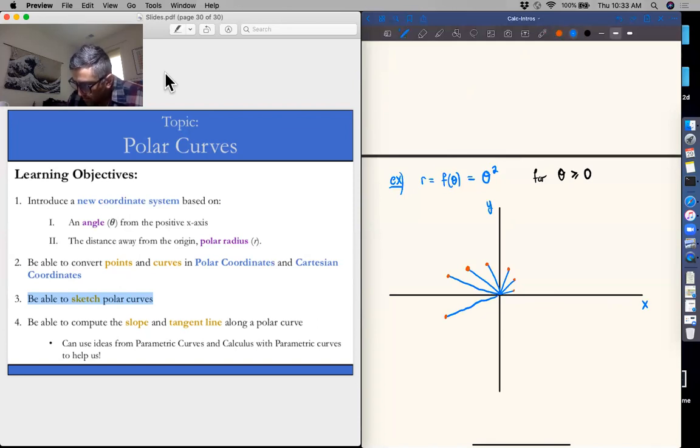So again, I'm just drawing some as our angle is increasing as we're going around this plane. We can kind of see maybe what shape this is ultimately going to sketch for us.